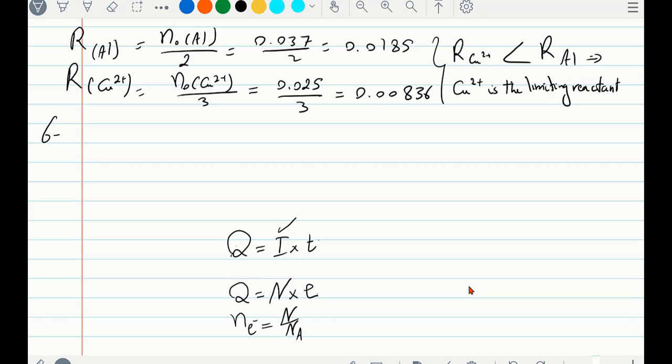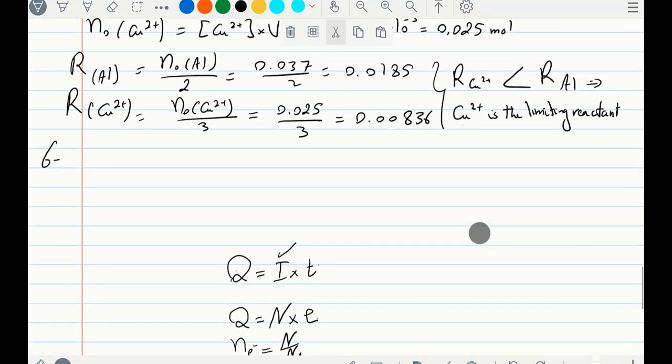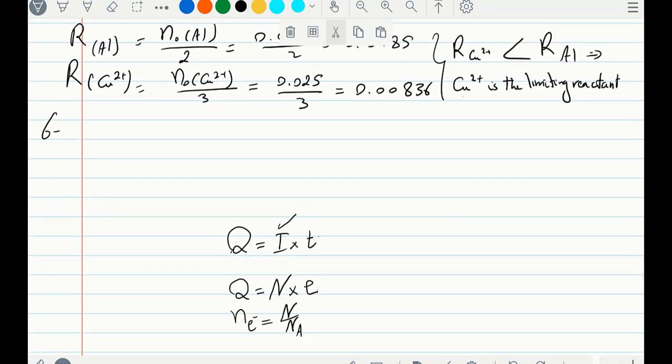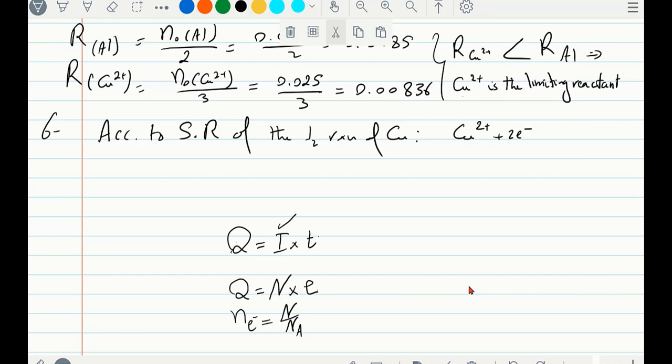The number of moles of electrons is calculated from the initial number of moles of Cu2+ according to the half reaction of Cu2+. Then we start from the stoichiometry of the half reaction at the Cu half cell, which is Cu2+ plus 2 electrons gives Cu.